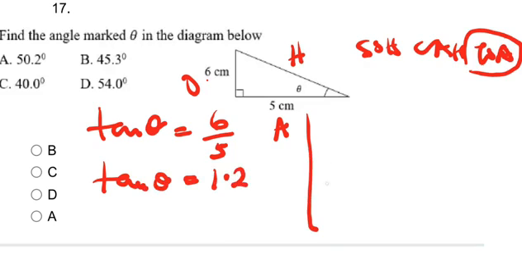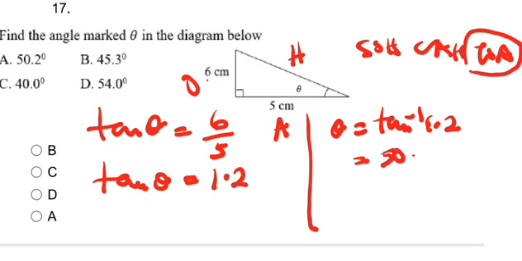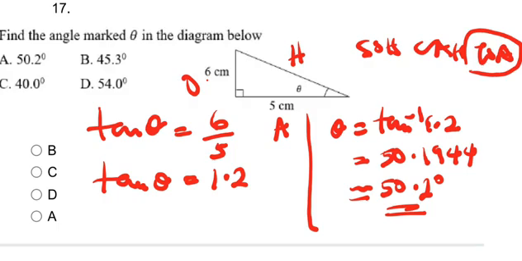So theta equals arctan 1.2. We use the calculator to find that, which gives 50.1944. When we approximate this, that gives us 50.2 degrees. So we used SOHCAHTOA to find the angle. Move to the next question now.